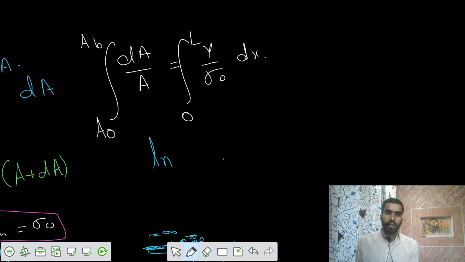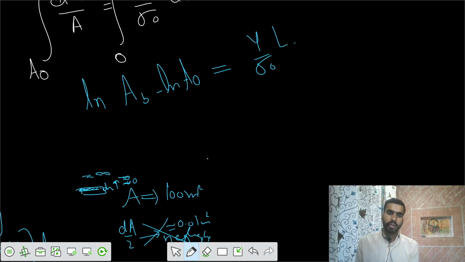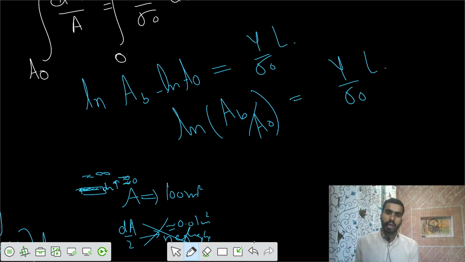So I would write ln of A at the bottom minus ln of A at the top equals gamma by sigma naught into L. So I can write A bottom by A naught equals e to the power gamma L by sigma naught.